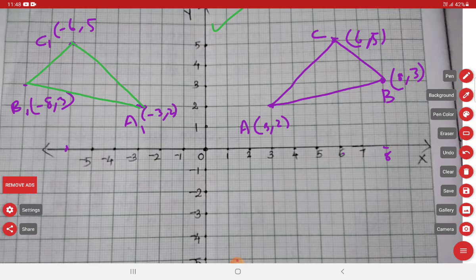The point A (3, 2) will be just below the x-axis, it is here. So that will be (3, -2). We can take it as A2. Next, C is (6, 5), so it will be (6, -5). It is here, that is C2.